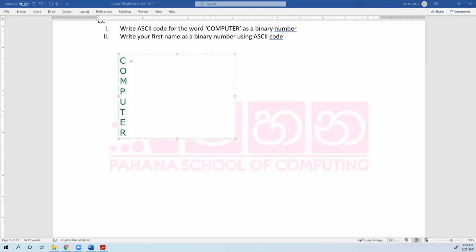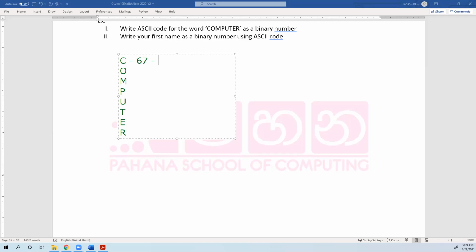So first of all, let's start with the C. What is the equivalent decimal value for the character capital C? We know that capital A is 65, that we have discussed earlier. B is 66, so C means 67. So this should be 67.